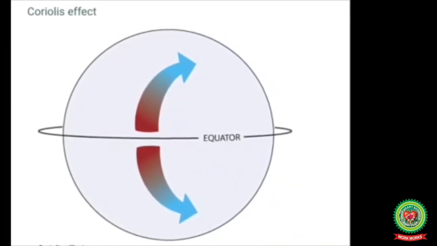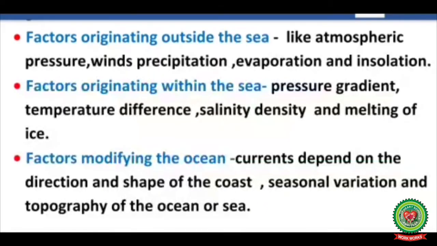The second set of factors are the factors originating outside the sea, which includes atmospheric pressure, winds, precipitation, evaporation and insolation, and all these factors are interrelated.